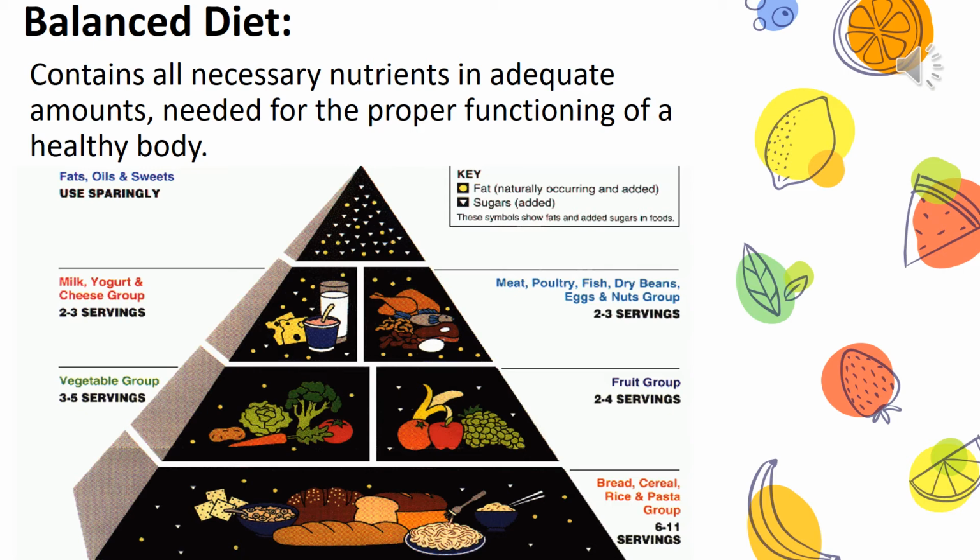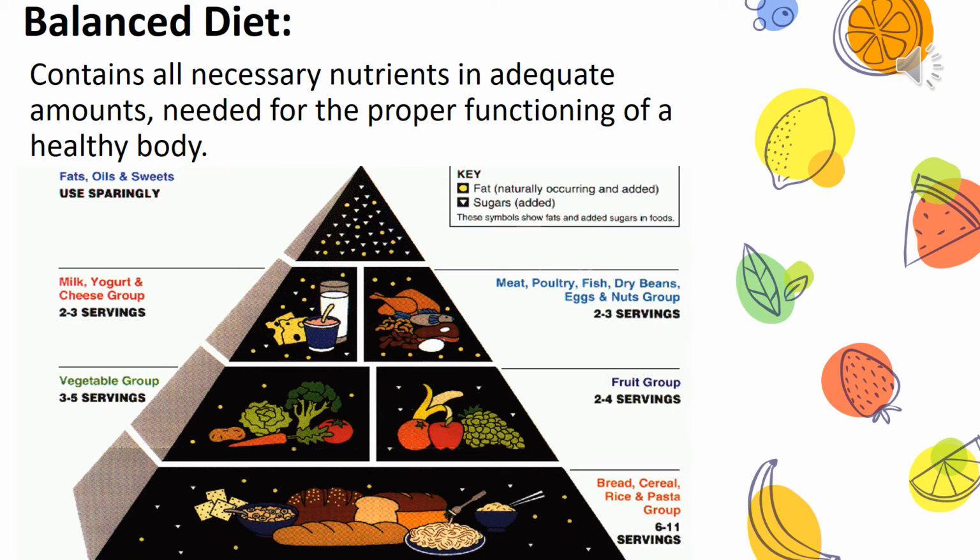It is the diet which contains all the necessary nutrients in adequate amounts needed for the proper functioning of a healthy body. In other words, it is the diet that consists of an adequate amount of all essential nutrients, roughage and water for the proper growth and development of the body.